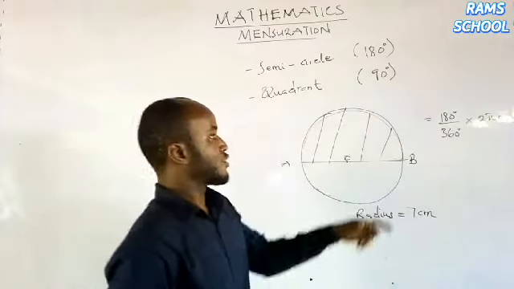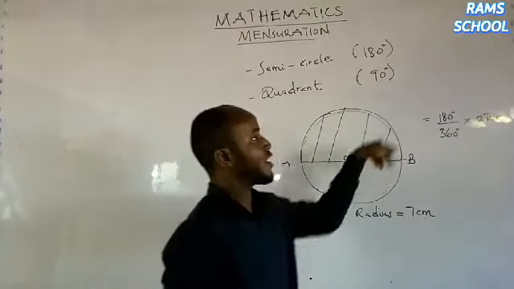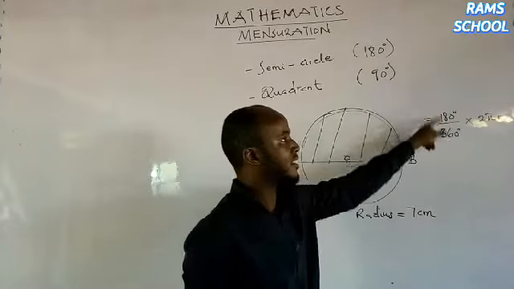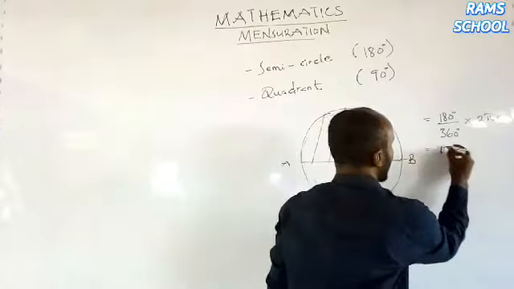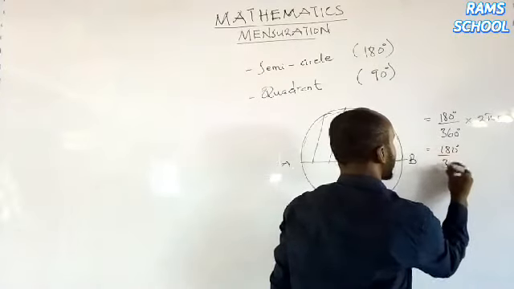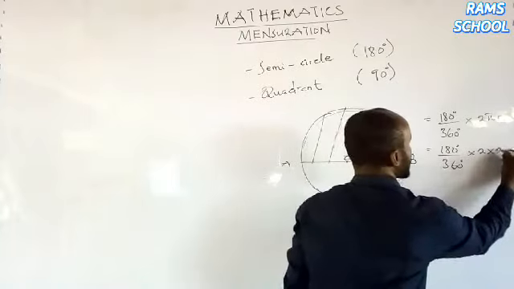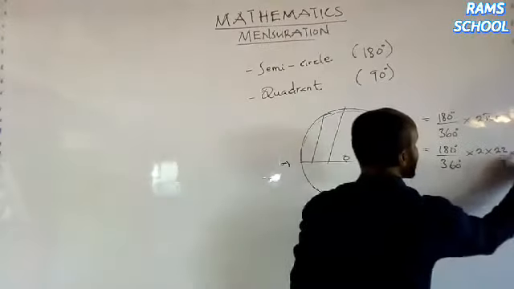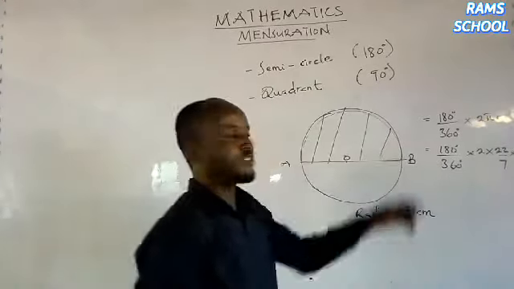Is that okay? So the 180 degrees here, they didn't give to us, but because it's a semicircle, we are going to make use of 180 degrees. Then you know your radius, so you just do your substitution. So 180 degrees out of 360 degrees times 2 times pi, of course, 22 out of 7 times our radius, which is 7, and you just solve it.